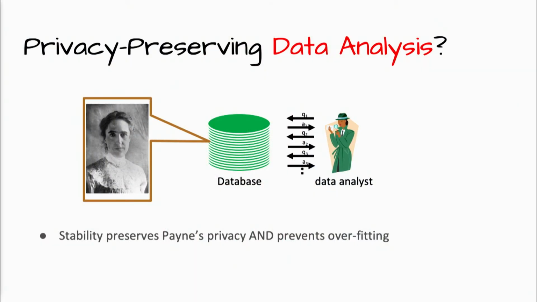If you learned different things, if you made small changes in your training set, you wouldn't generalize to the population. And so despite the intuition that privacy and accuracy or privacy and utility are at odds, we see that it's not really the case, especially in the machine learning setting. Privacy can actually help you to be sure that you're not overfitting. It will ensure that you're not overfitting. Privacy and generalization are aligned.